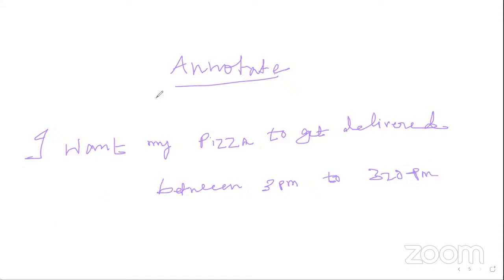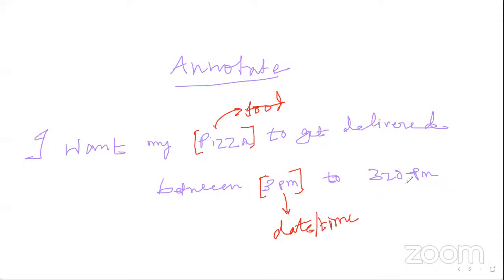So now this is an entity. This particular word is defined as food. This particular word is defined as date time. I'm writing them together. You can also segregate. That is up to your wish and choice.